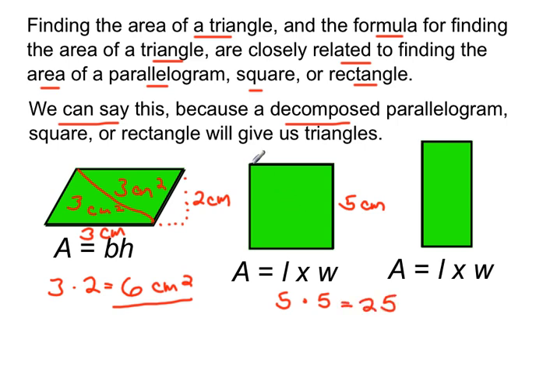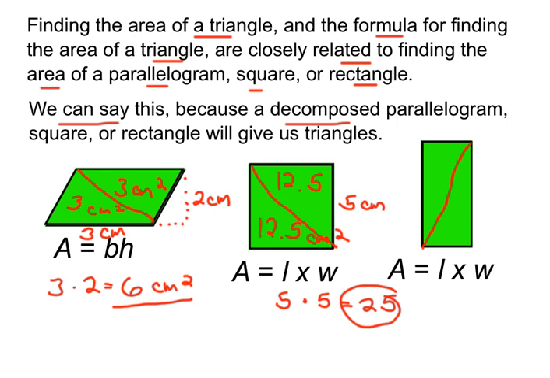But if we only want half of that in the form of a triangle, we know that half of 25 is going to be 12 and 5 tenths, or 12 and a half square centimeters. And so each triangle would be half of that total area. And the same would apply for a rectangle.